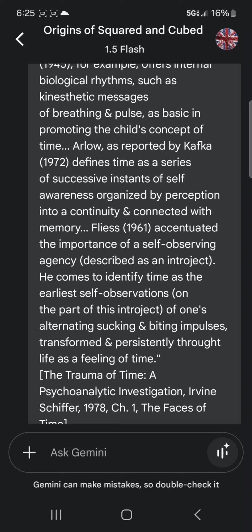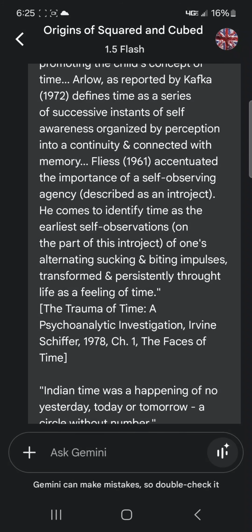Arlow, as reported by Kafka, 1972, defines time as a series of successive instants of self-awareness organized by perception into a continuity and connected with memory. Fliess, 1961, accentuated the importance of self-observing agency, described as an introject.